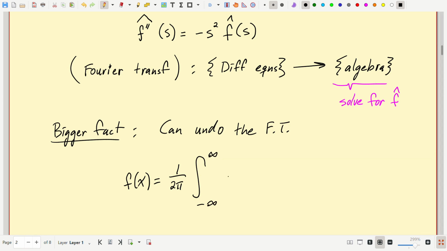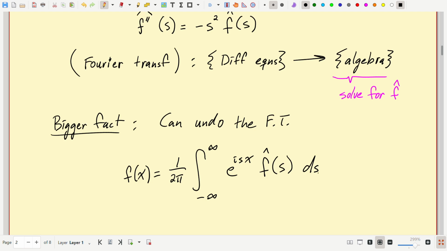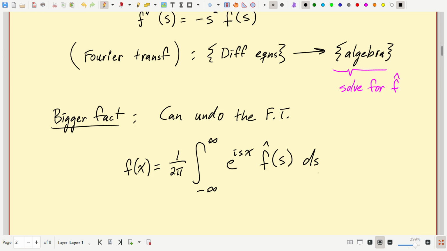It looks just like the Fourier transform. The only difference is it's an e to the plus i s x, and now I'm integrating with respect to s. So it looks like I just do the Fourier transform twice and I get f back. And that's kind of the way it is. But the annoying thing is that when you do the inverse transform, it's a plus, e to the i s x.